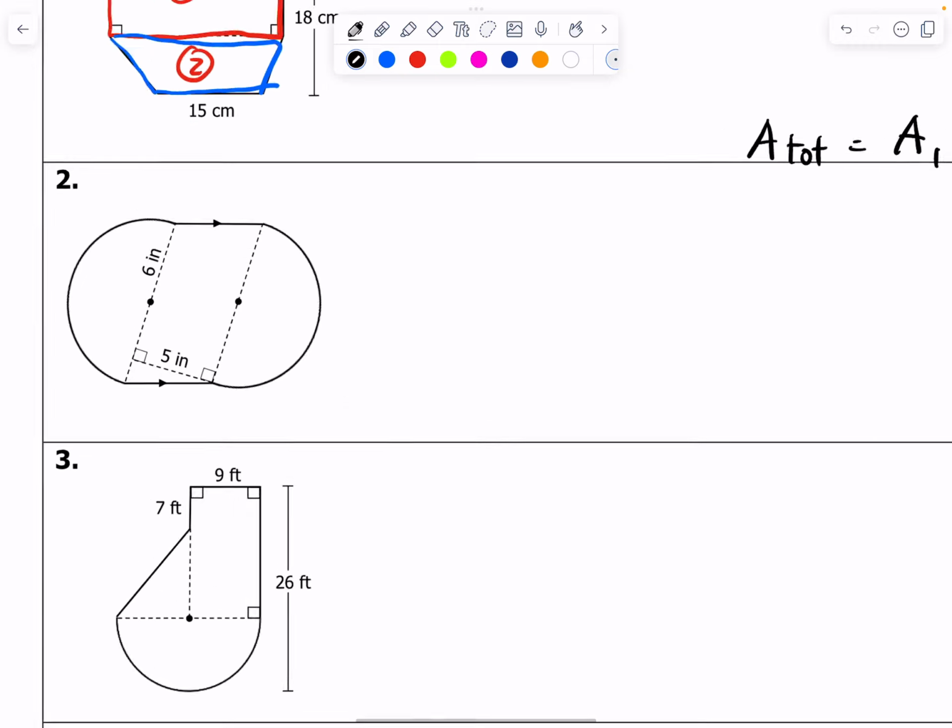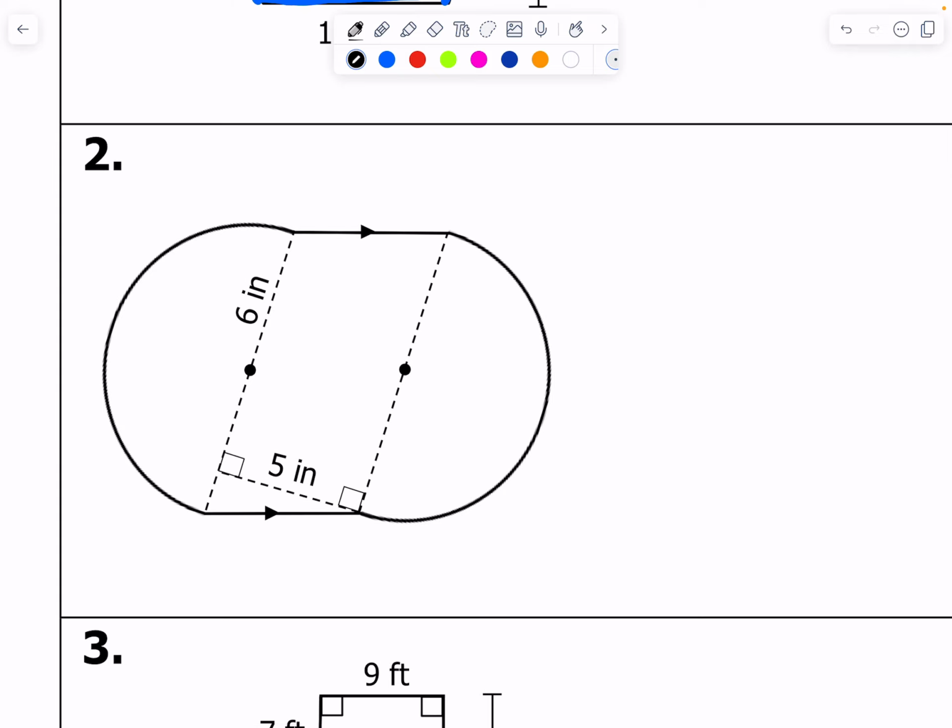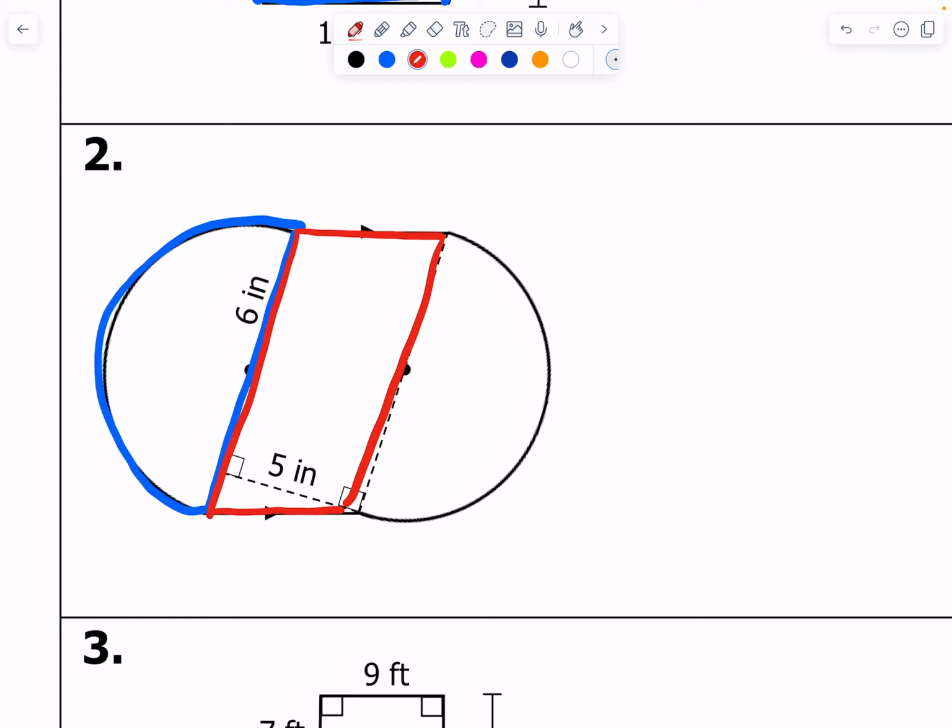So looking at figure 2, it looks like there's 3 shapes, right? It looks like there's a semicircle here. Semi means half. It looks like there's a polygon right here. And then it looks like there's another semicircle here.